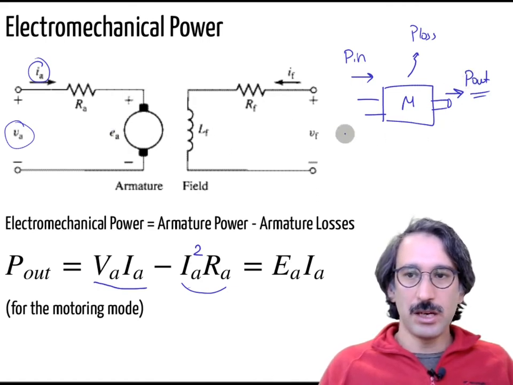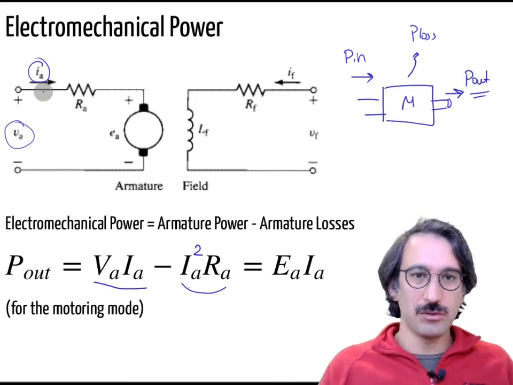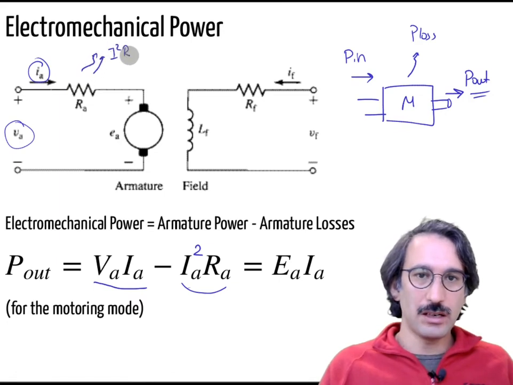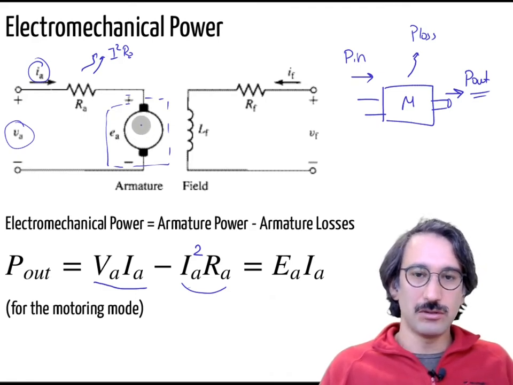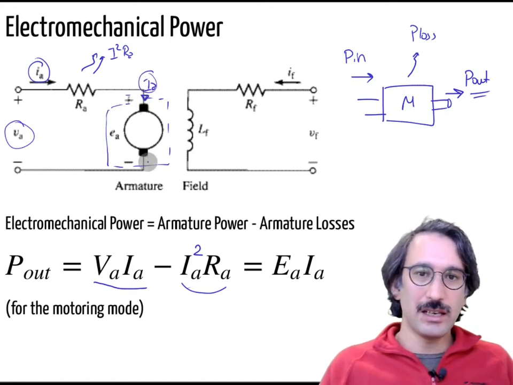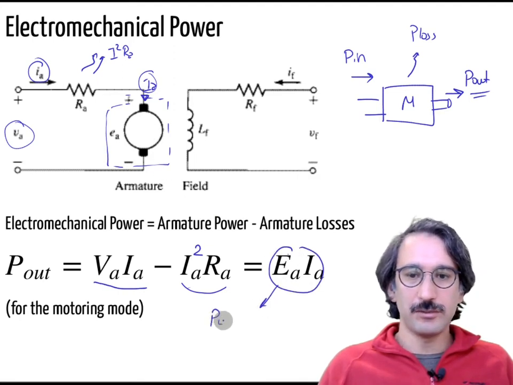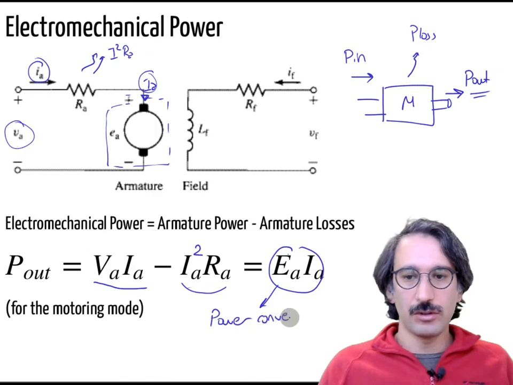Then the output power, if you subtract that one, if you have those losses as the I square RA losses, then that thing is the link between our mechanical system. So that is not really a voltage source or anything. That is how we transmit power to the magnetic and then the mechanical system. And we have the IA here and with the EA, so that is power converted to mechanical system.